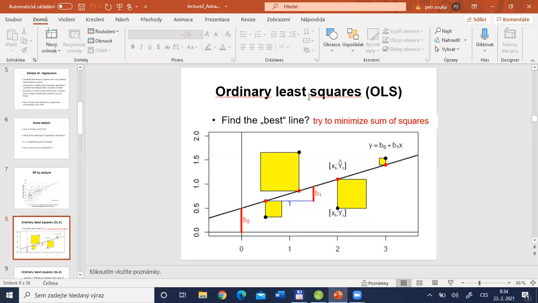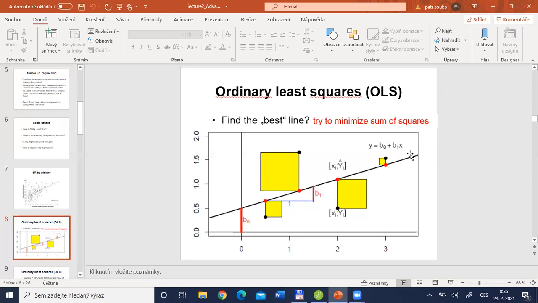That's why it is called least squares. If you would take any other line, the sum of squares of residuals would be higher. So this is how the ordinary least squares technique works.